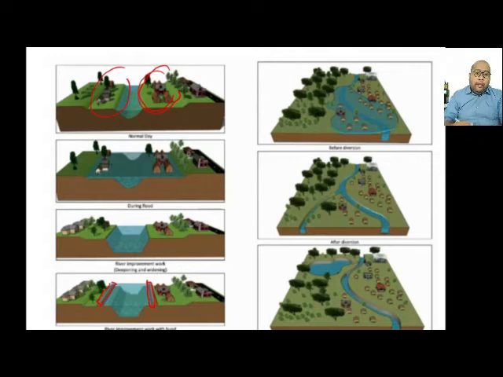Okay, tapi this actually is not permanent. Okay, what happens if the bund is broken? Okay, bila bund pecah, apa jadi? So air ni akan mengalir masuk ke dalam kawasan residential area balik.